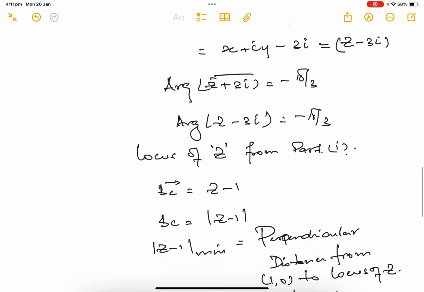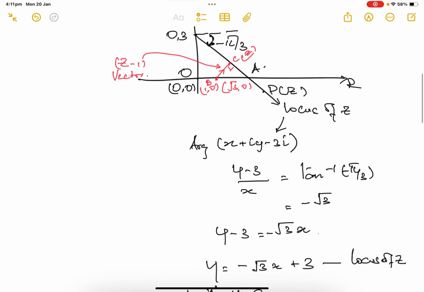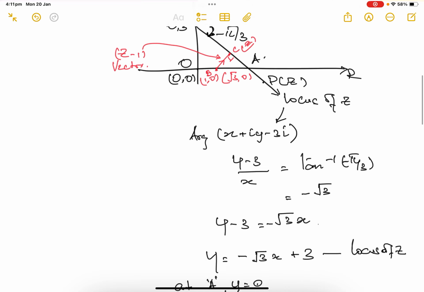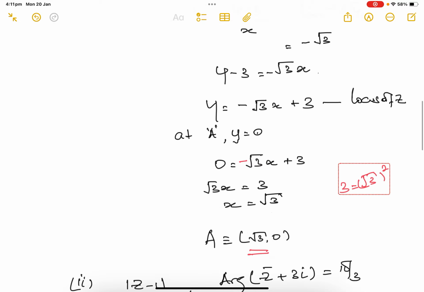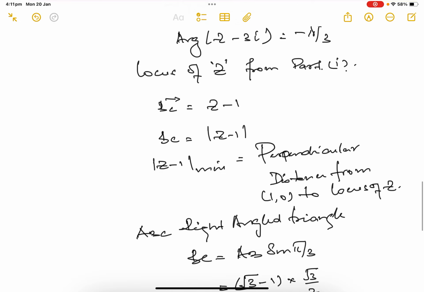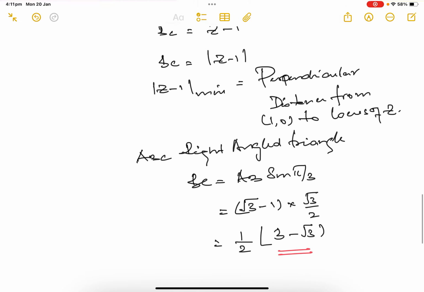If BC is a perpendicular line, that will make ABC a right-angled triangle. From the sketch you can find that ABC is a right-angled triangle. We need to find BC, which is one of its sides.